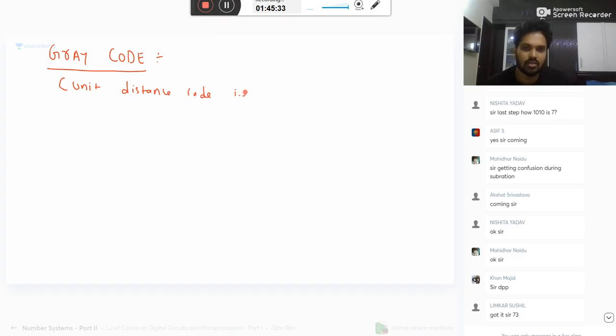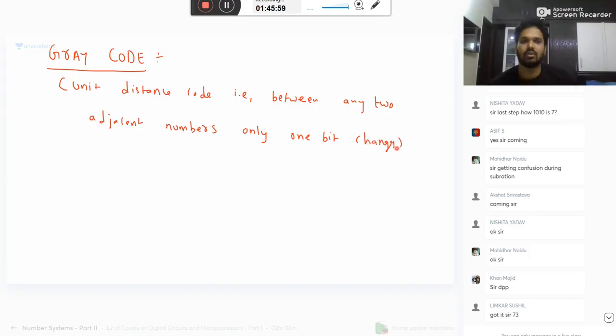That is, between any two adjacent numbers, adjacent means side by side, only one bit changes. Between any two adjacent numbers, only one bit changes.